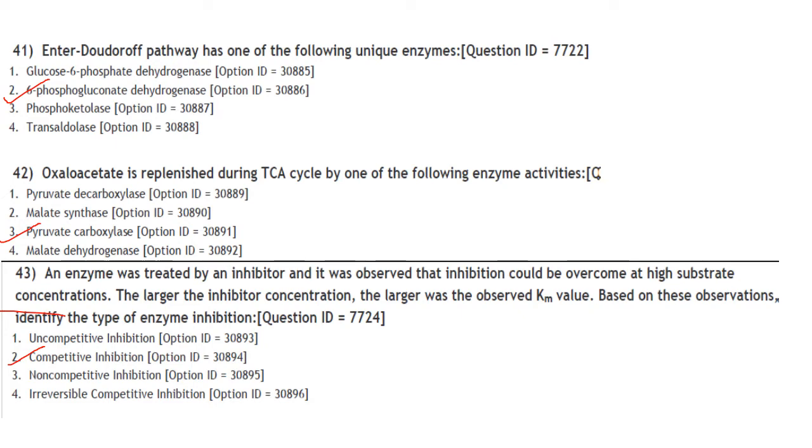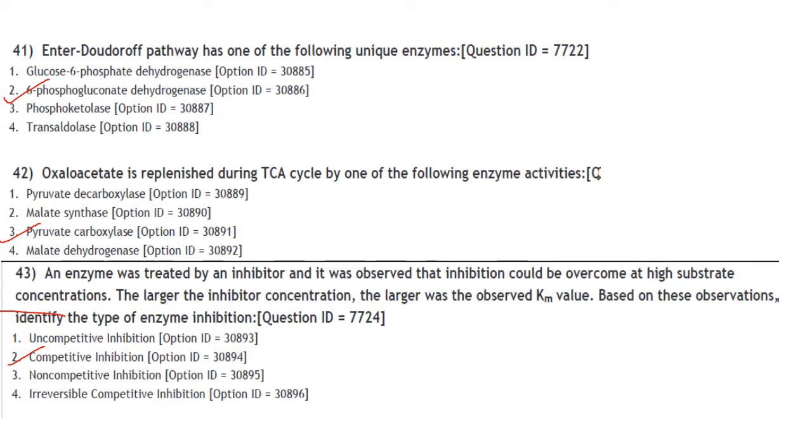Then it uses 6-phosphogluconate dehydratase and 2-keto-3-deoxyphosphogluconate aldolase to create pyruvate from glucose. So the answer here is 6-phosphogluconate dehydratase.